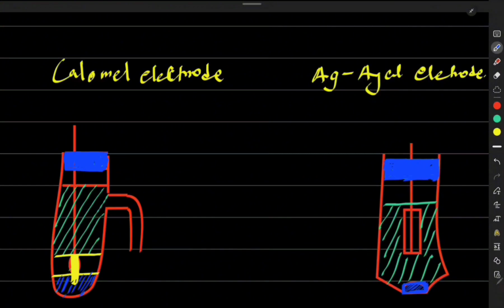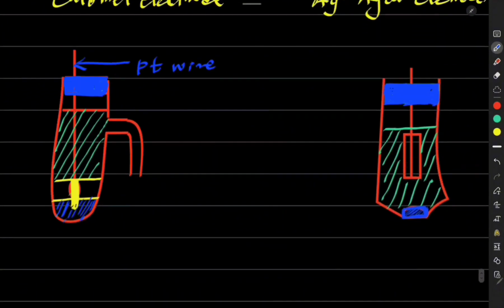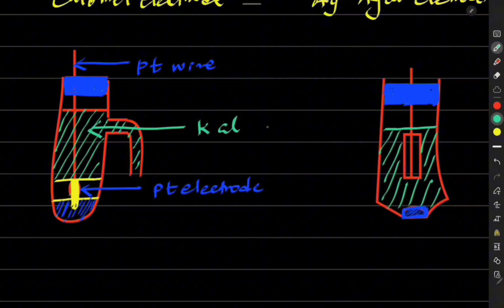Let's identify the parts. This is a Pt wire, platinum wire, and this is a Pt electrode. The green colored part is KCl solution. This is saturated KCl solution. This is also KCl solution.